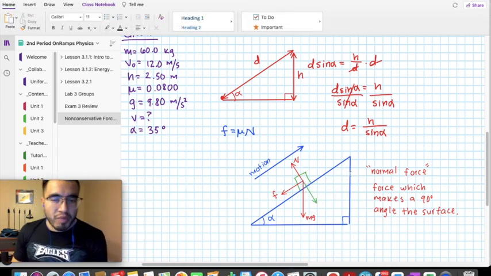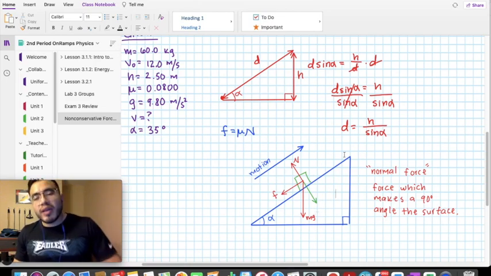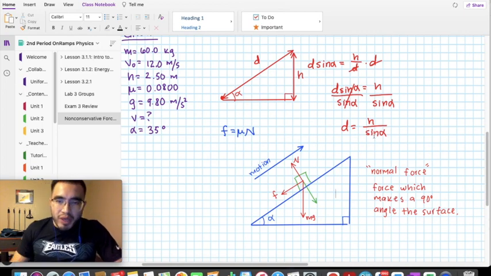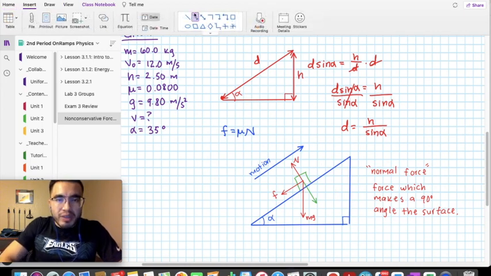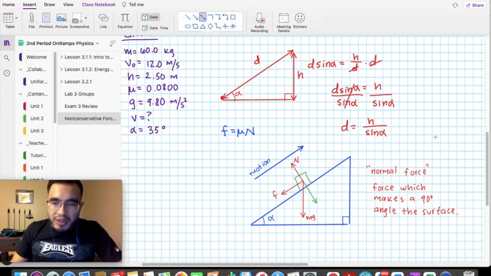And some of you might know already, this is a component of the weight, component of the force of gravity, right? And to know which component, we have to remember that our coordinate system, we should have a coordinate system in mind. We tilt it in physics so that it matches the direction of motion, right?